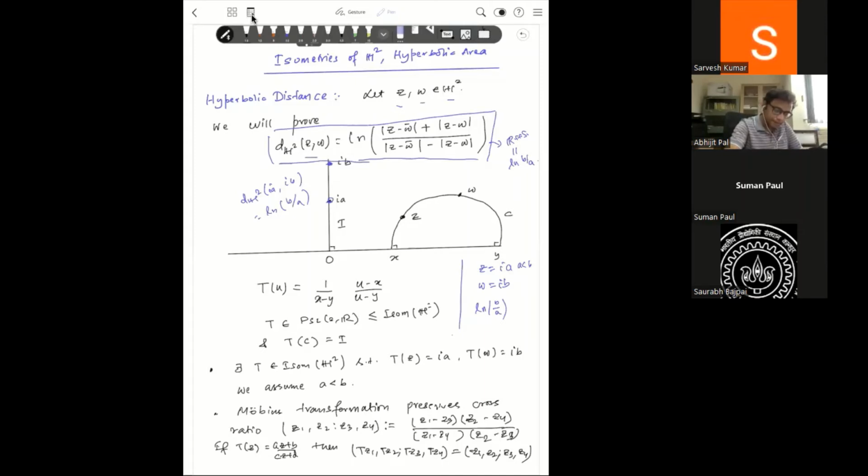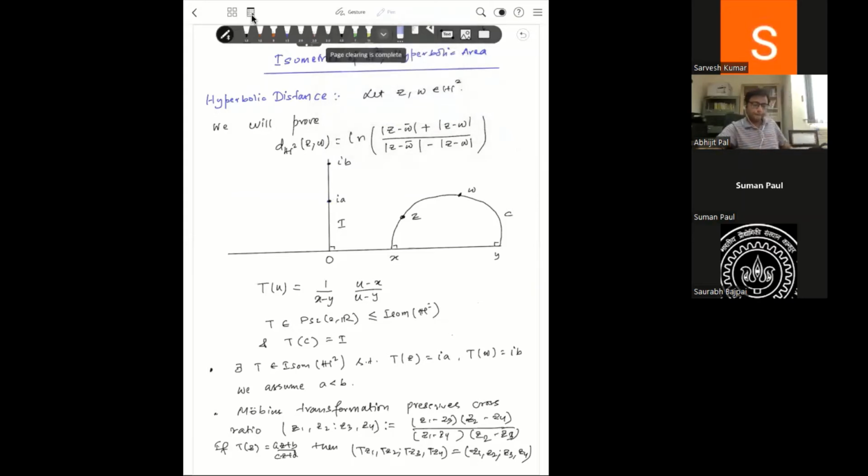Now we are going to do it for general points. What is the idea behind it? Let us take any two points Z and W in the upper half plane. The idea is to find an element of PSL(2,R) which takes the geodesic C to the imaginary axis.